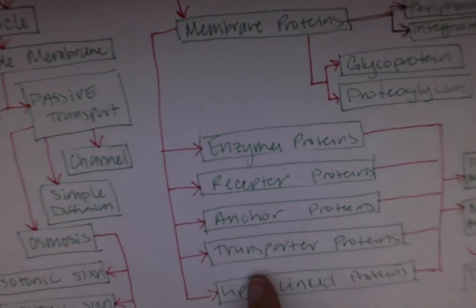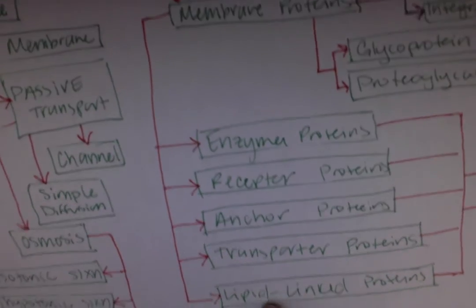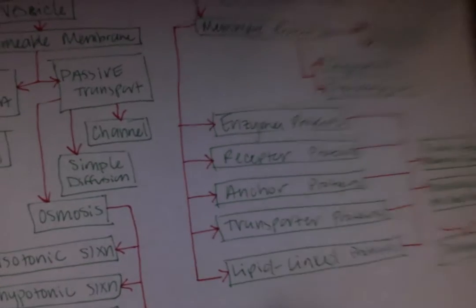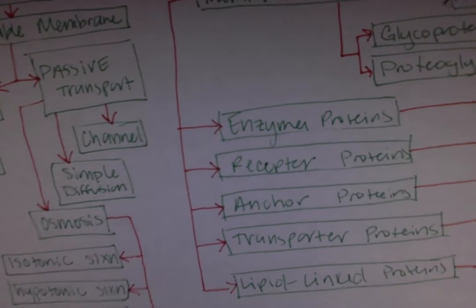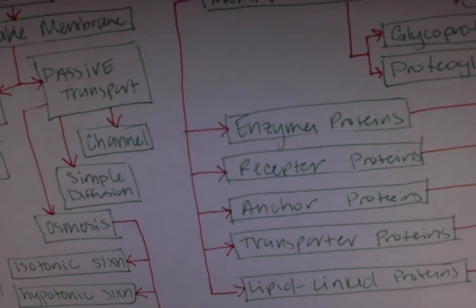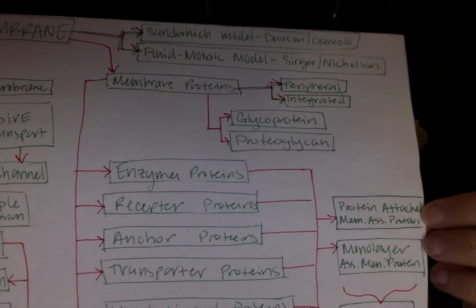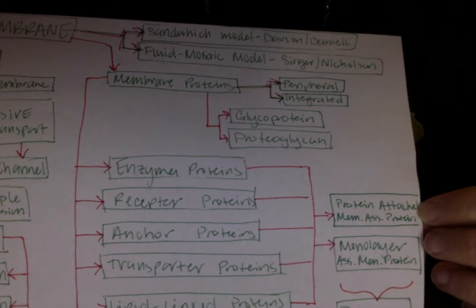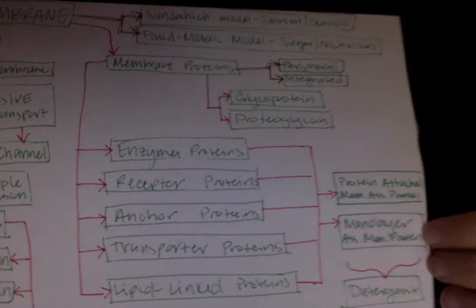Then we have our transporter proteins that actively pump sodium out of the cells and potassium in. Your lipid linked proteins are linked to lipids that are attached to the bilayer. These all lead to the protein attached membrane associated proteins and your monolayer associated membrane proteins.